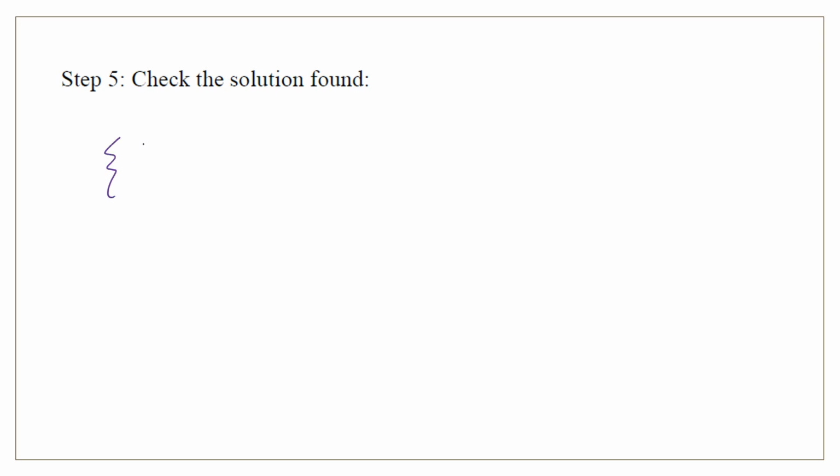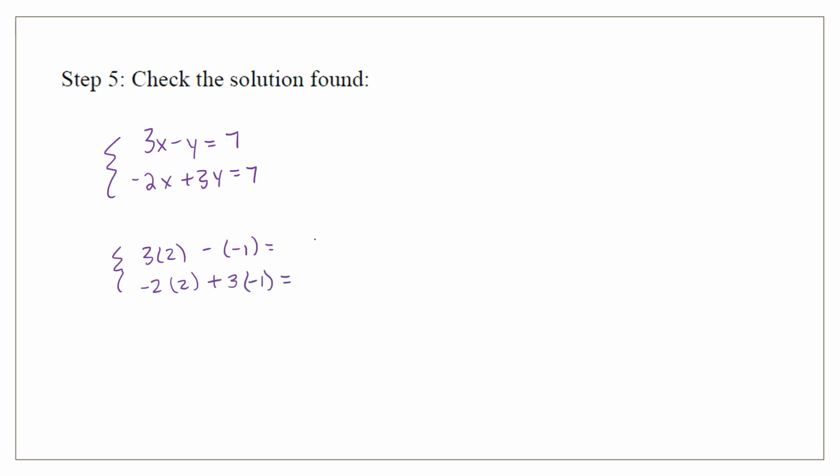So our original system was 3x minus y equals 7, and negative 2x plus 3y equals negative 7. So I'm now going to substitute in 2 for x and negative 1 for y to see if they are solutions to my system.